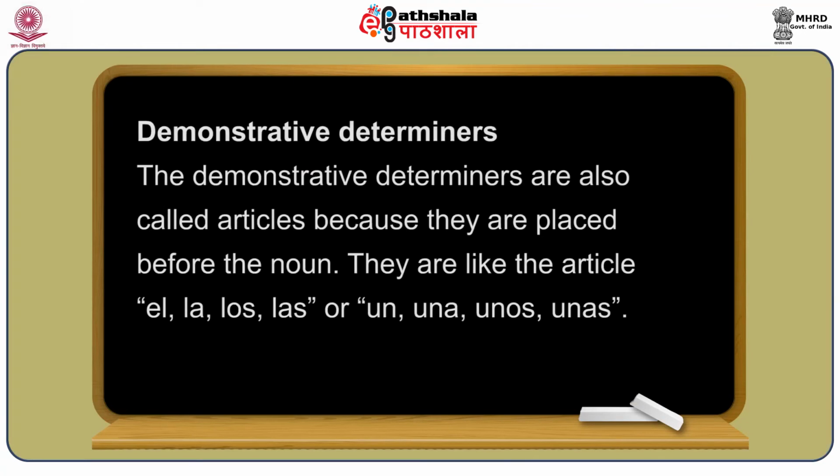They show or refer to the relative distance between the speaker and the object or noun. The demonstrative determiners are also called articles because they are placed before the noun. They are like the articles el, la, los, las, un, una, unos, unas.